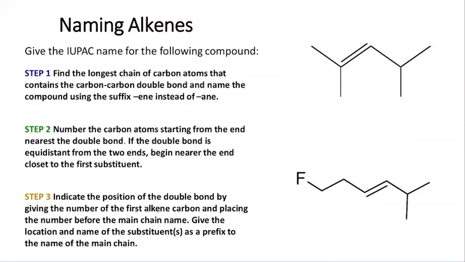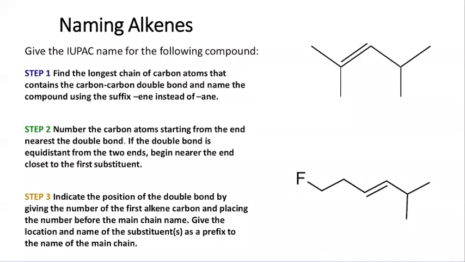So when it comes to the steps, and as I mentioned to you guys yesterday, whenever we're dealing with functional groups, it doesn't matter if I have an alkane, an alkene, an alkyne, or like we're going to see later this week, alcohols, ketones, aldehydes, ether, we're always going to try to find the longest carbon chain, okay?